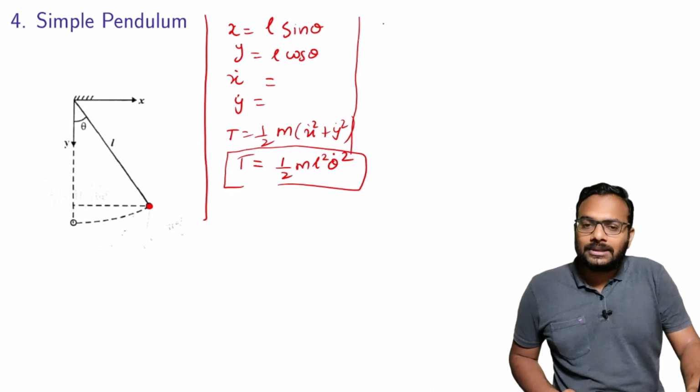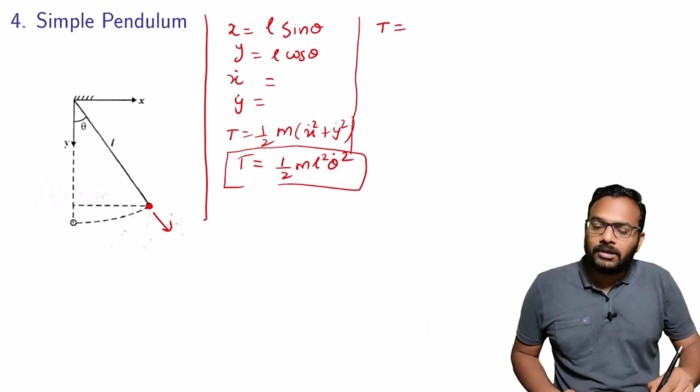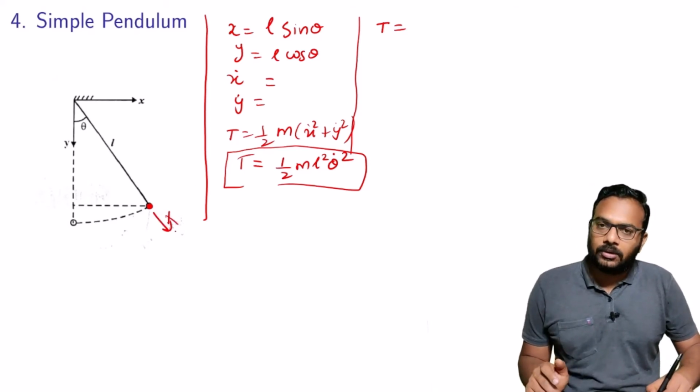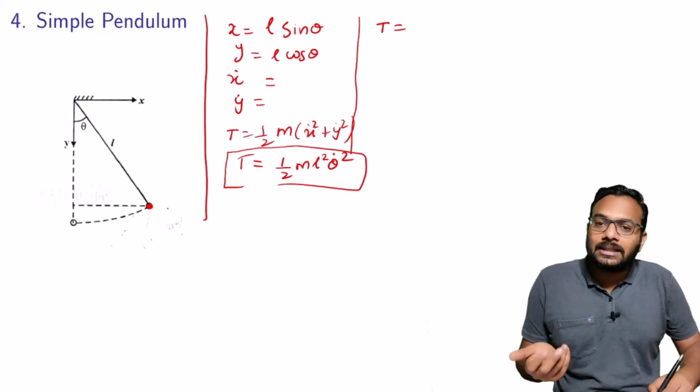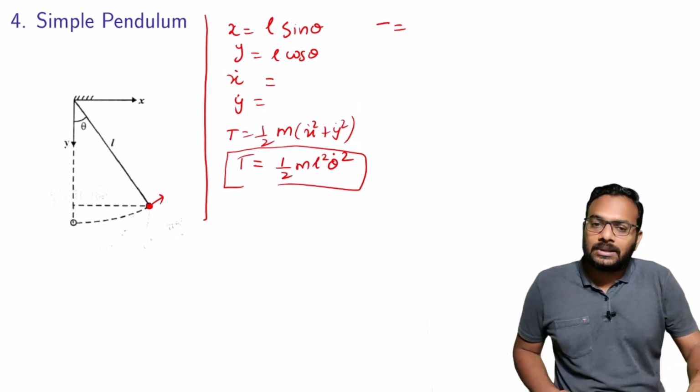The kinetic energy has only one component of velocity. Since the length does not change, the radial velocity term is not there. This movement is not allowed, so there is only the tangential velocity. What's the tangential velocity?